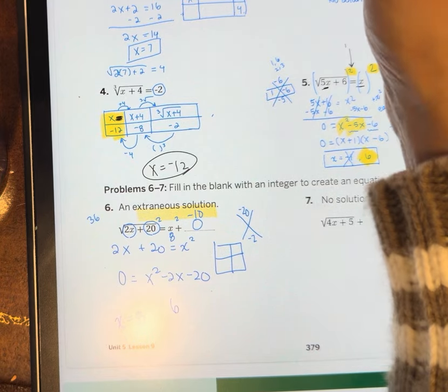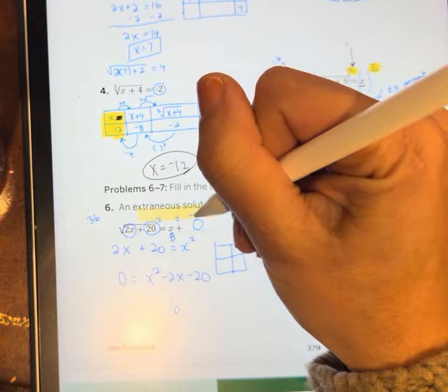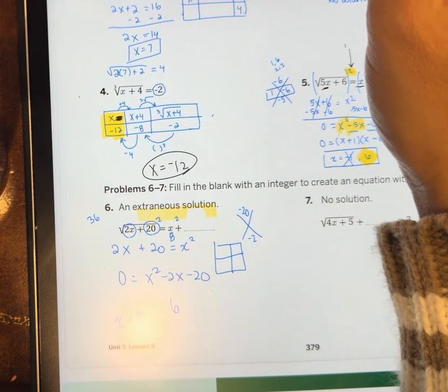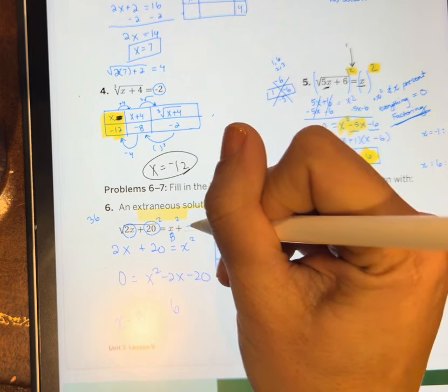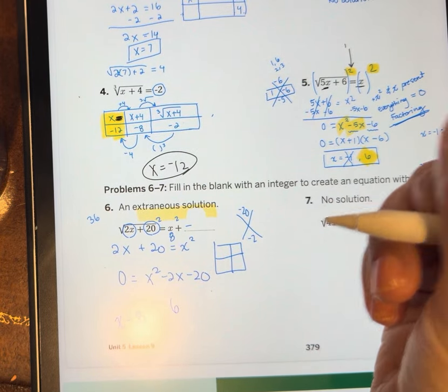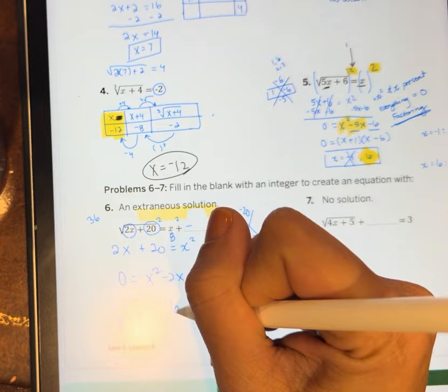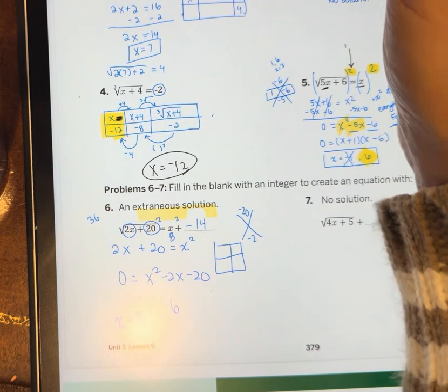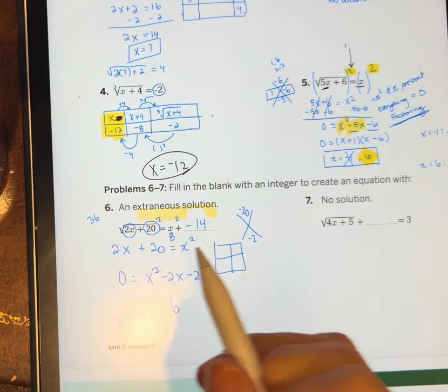No, not a negative 10. What am I saying? I think I got it, you guys. Check it out. If I put a negative... I want a negative 6, and x is 8, so I want a negative 14. Okay, let's check this out. This is what I'm thinking.